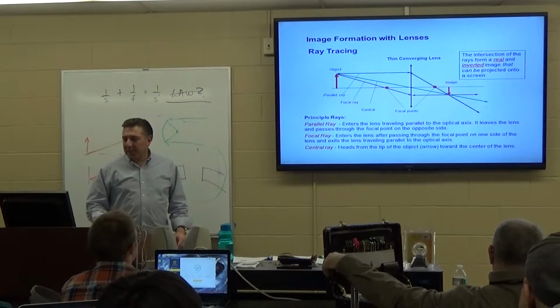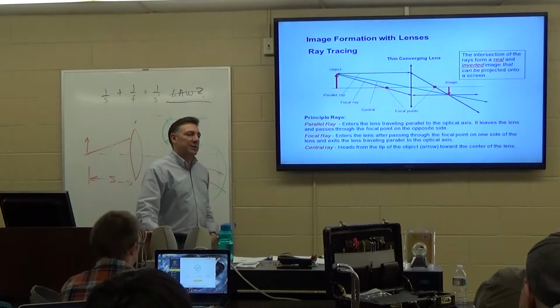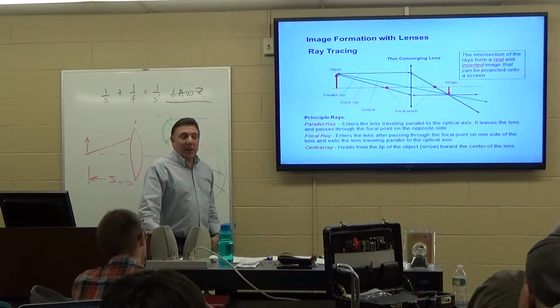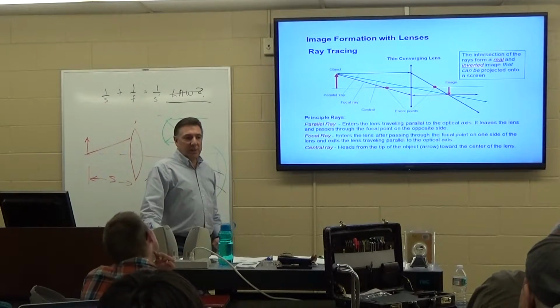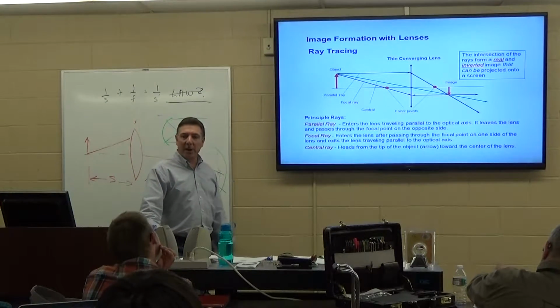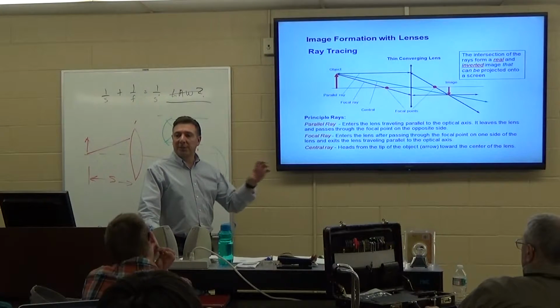All right. If we have time on Thursday, we may go through some ray tracing. You don't have to use the thin lens equation, or any other equation for that matter, to figure out where an image can be formed if you have the dimensions of your optical system.